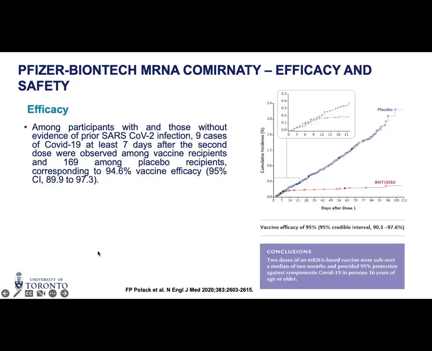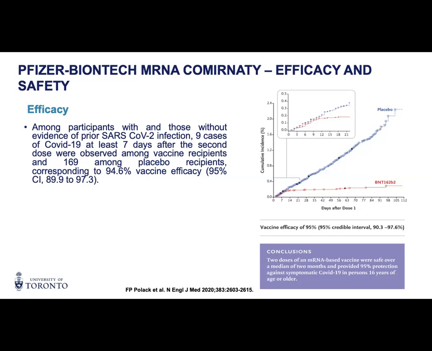So in terms of efficacy, among participants with and those without evidence of prior SARS-CoV-2 infection, 9 cases of COVID-19 at least 7 days after the second dose were observed among vaccine recipients, and 169 among placebo recipients, corresponding to 94.6% vaccine efficacy.